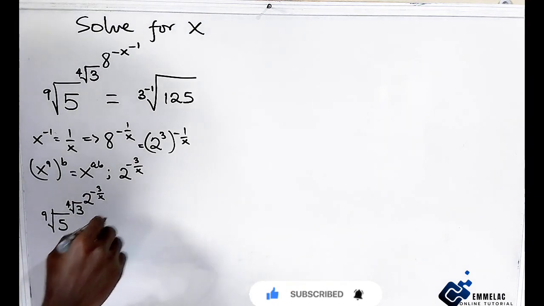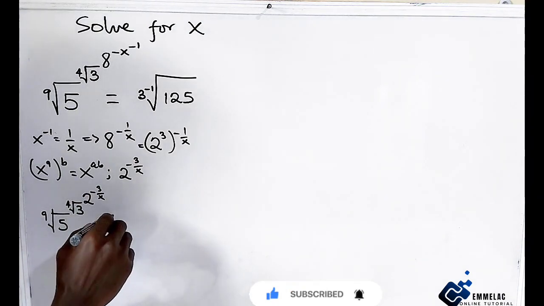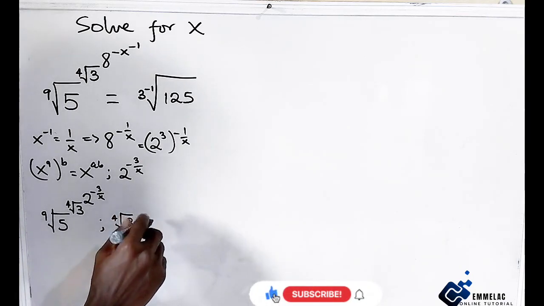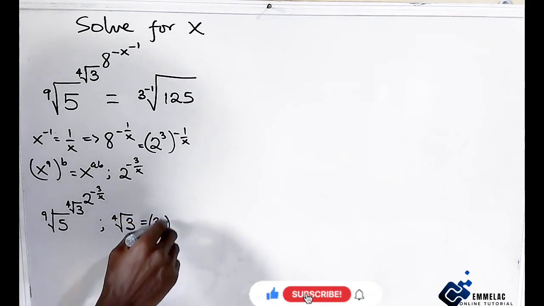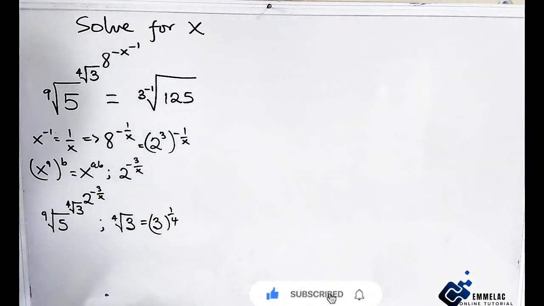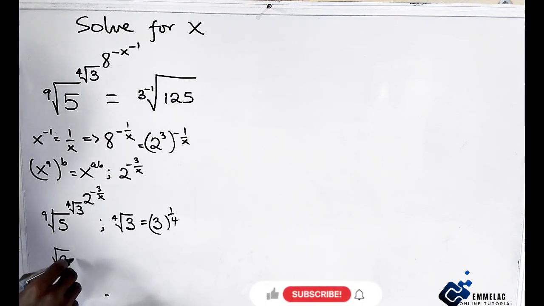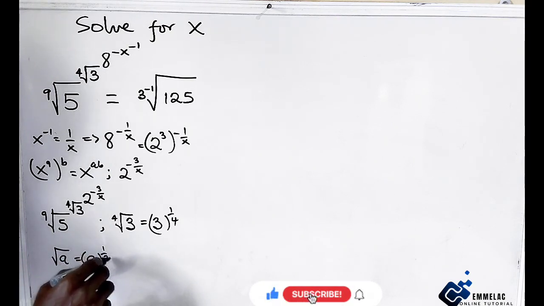The fourth root of 3 is the same as saying 3 raised to the power of 1 over 4. Now let us recall, according to the law of indices, that when you have the square root of any number, let us say a, this is a raised to the power of 1 over 2.